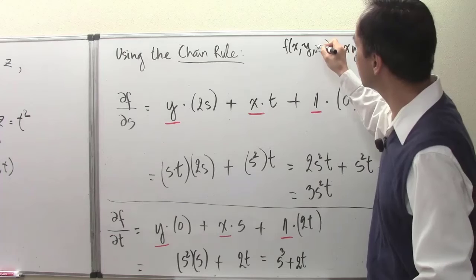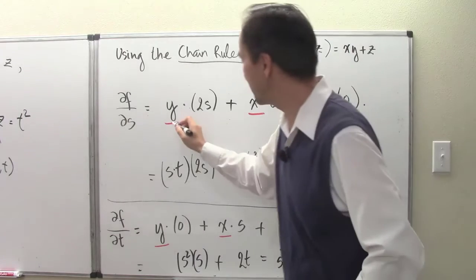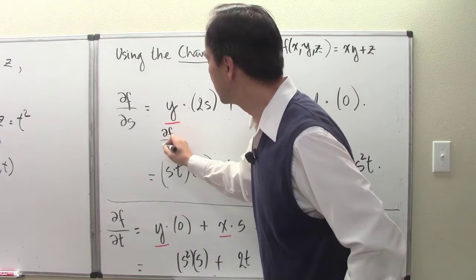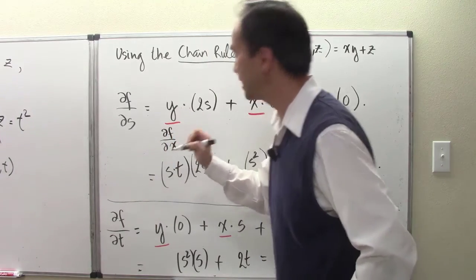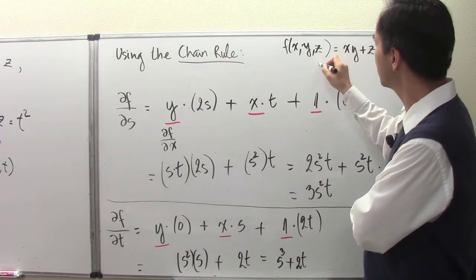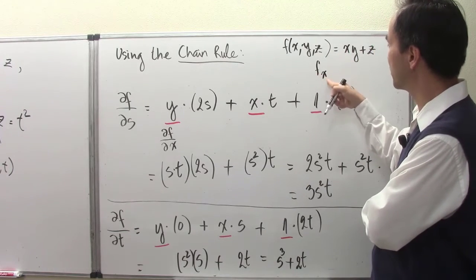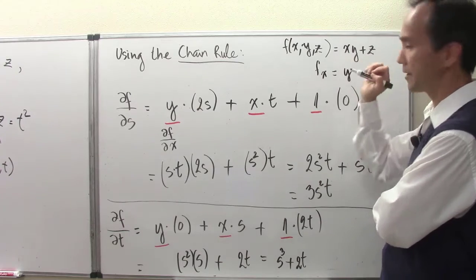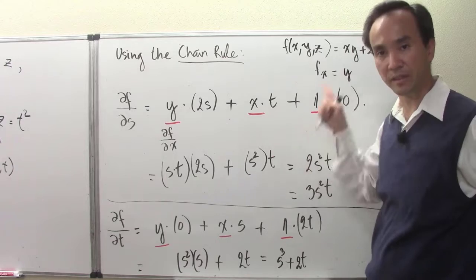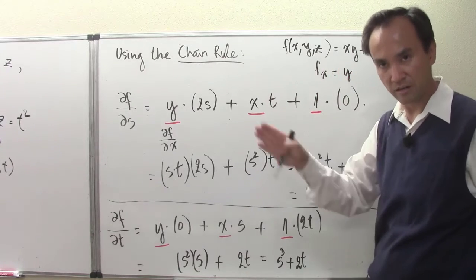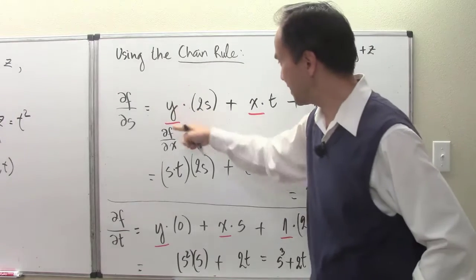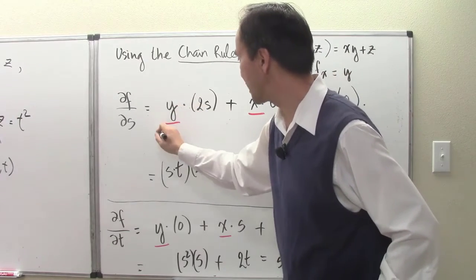What I recognize here is that, hey, wait a minute, this is simply df dx, because if you take the partial derivative of f with respect to x, we're looking at just y. All of your skills in finding partial derivatives must be brought into this particular problem. All right, so I recognize that first part in the product is that.